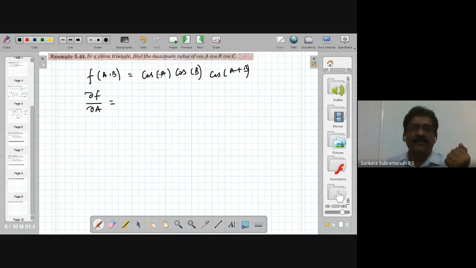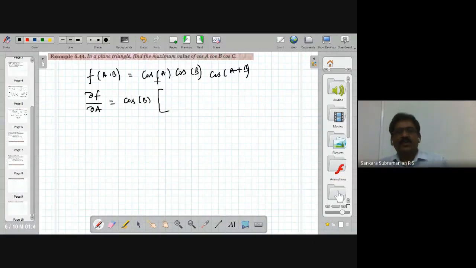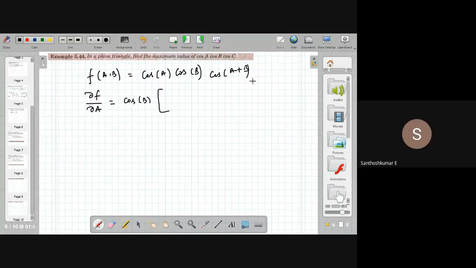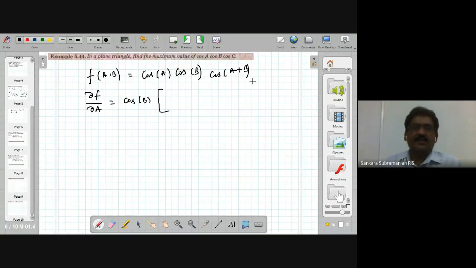So when differentiating with respect to A, cos B is constant. Cos of B is constant. So you have cos A and cos of A plus B. How do you differentiate it? Product rule, sir. Okay. Fixing cos A, differentiating cos of A plus B, what comes?